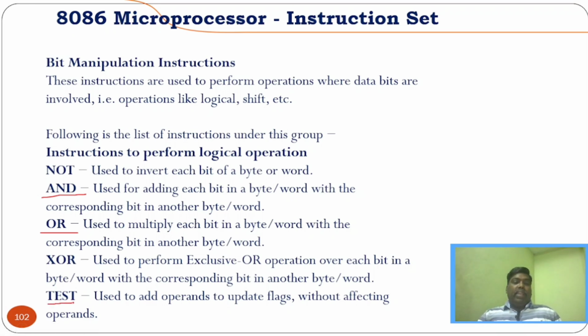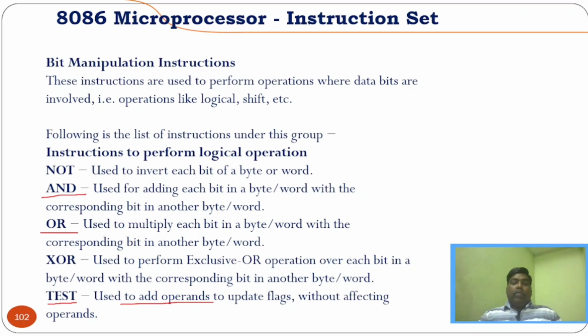And TEST is a very important instruction, where it is used to set and reset flags. Normally it will perform a bitwise AND operation with the given byte or word, but it will not store the result in the accumulator.